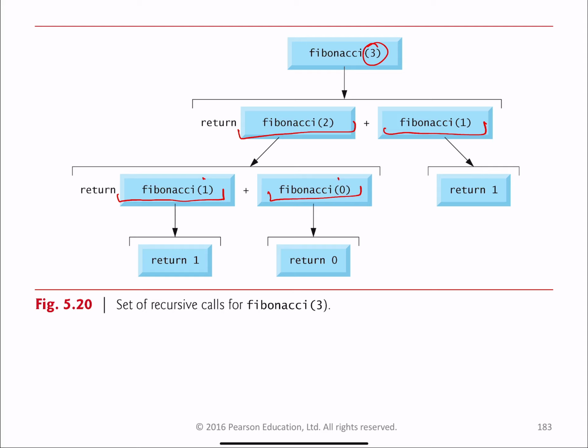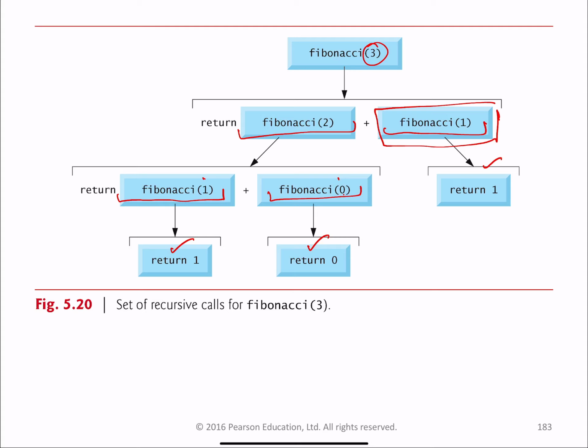The call to Fibonacci with argument 1 will return a value 1. The call with argument 0 will return 0. And over here, the call to Fibonacci 1 will, of course, also return the value 1.